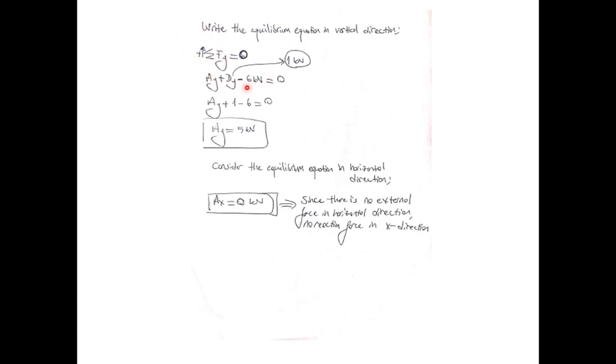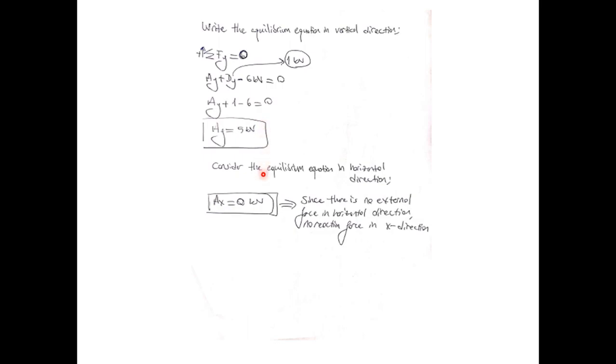When we solve this very simple equation, we get the vertical reaction force at point A as 5 kilonewtons. Again, we got it as positive, which means that the direction we assumed at the beginning is correct.